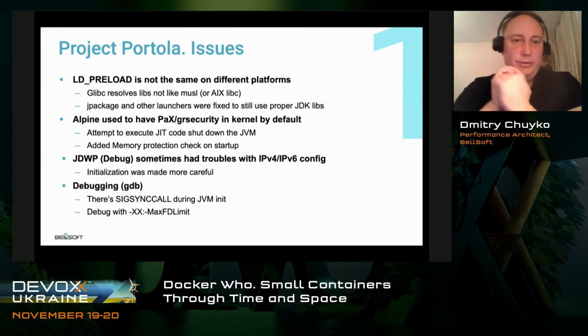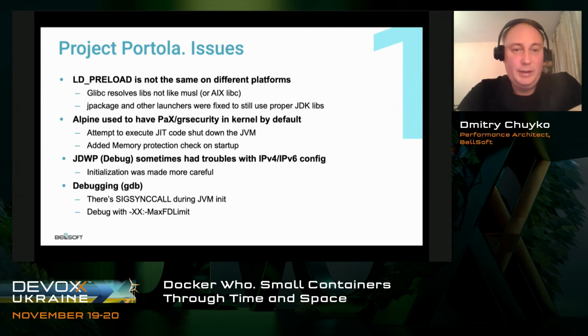So other interesting issues discovered during that work are, for example, the way LD preload works, and it's different on musl, so be aware of it. Alpine Linux is not unique here because the AIX operating system has its own way too, how LD preload is resolved. And other things are related to security issues introduced in previous Alpine versions, like PaX NGR security in kernel used to be enabled by default.